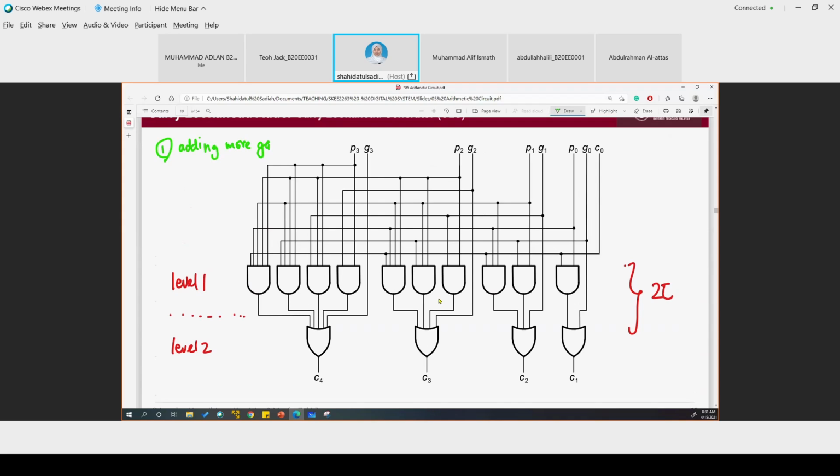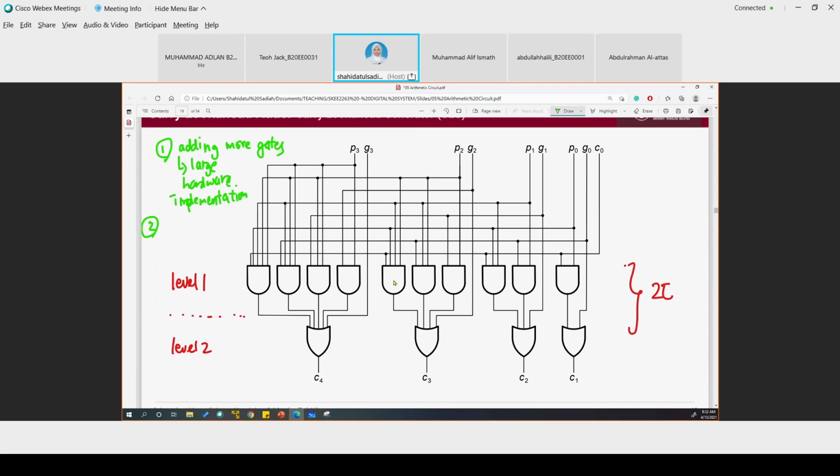Adding more gates means it is going to be a large hardware implementation. So that's not good. So carry look ahead adder is not the best solution for a high-speed adder, even though it has delay less than the ripple carry adder, right?